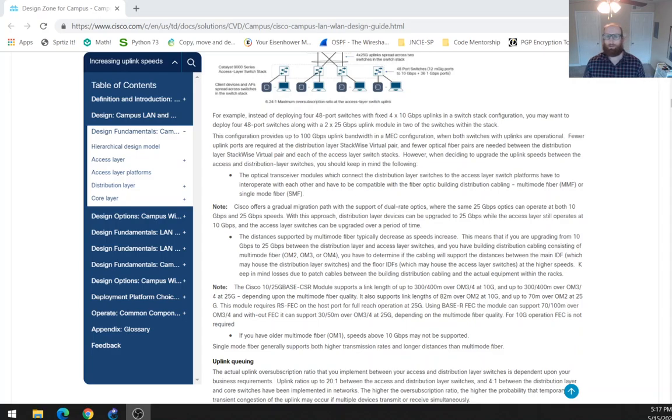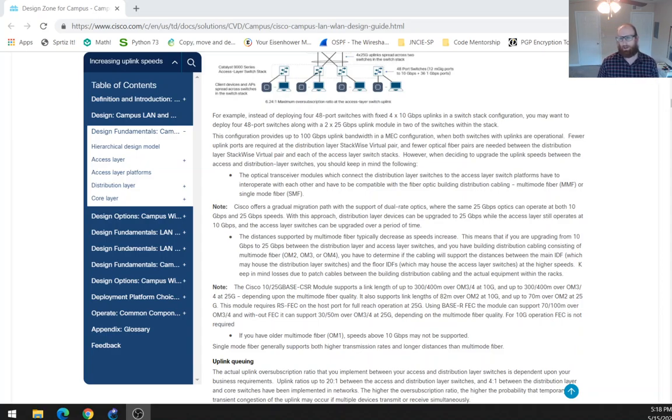This configuration provides up to 100 Gbps uplink bandwidth in a MEC configuration when both switches with uplinks are operational. Fewer uplink ports are required at the distribution layer StackWise Virtual pair, and fewer optical fiber pairs are needed between the distribution layer StackWise Virtual pair and each of the access layer switch stacks.